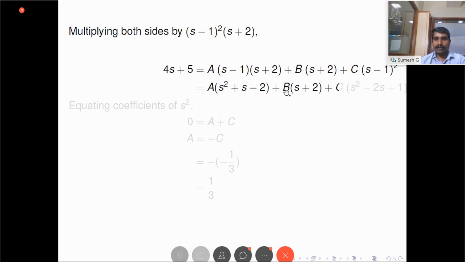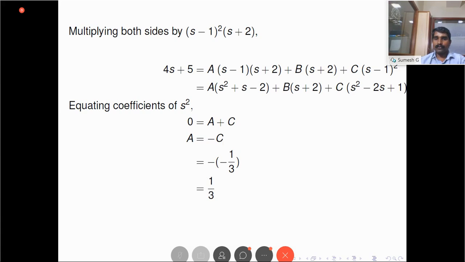By expanding the expression, we obtain the expression like this. We equate coefficients of s square on both sides. We have 0 equal to a plus c. Therefore, a equal to minus c. We already found the value of c. So, we have the value of a equal to 1 by 3.